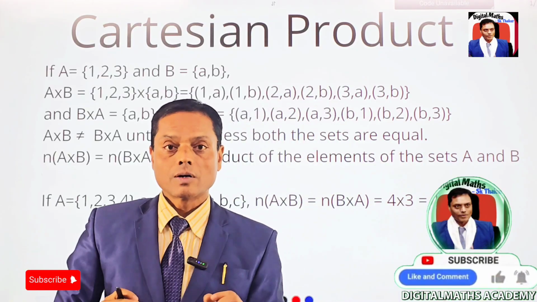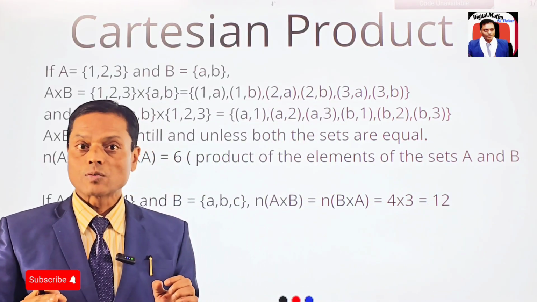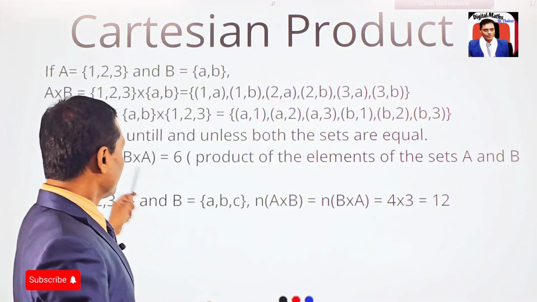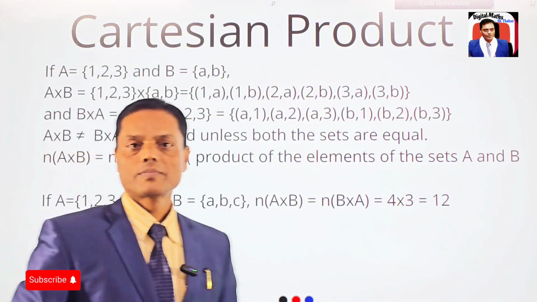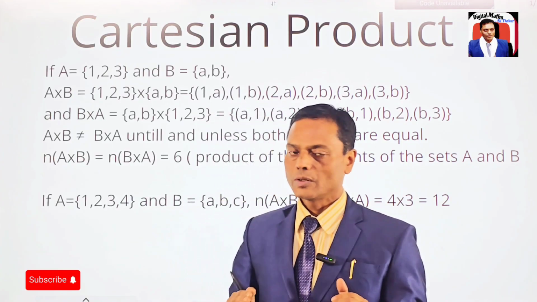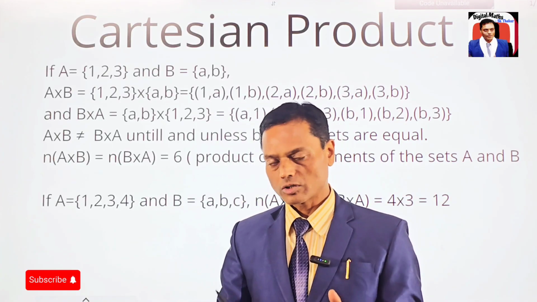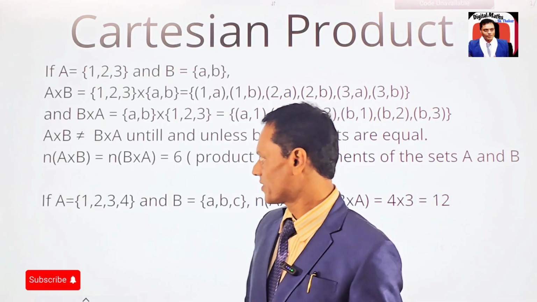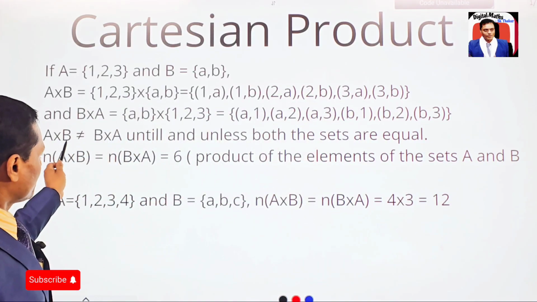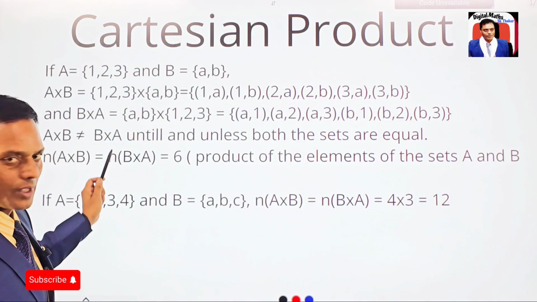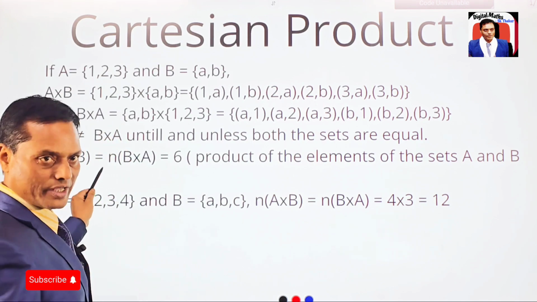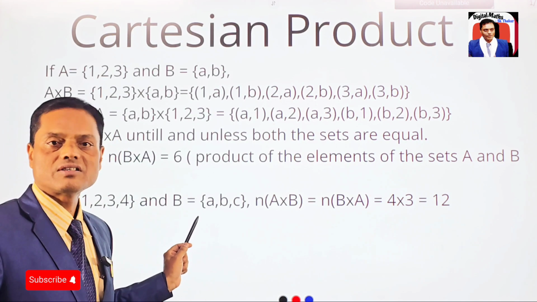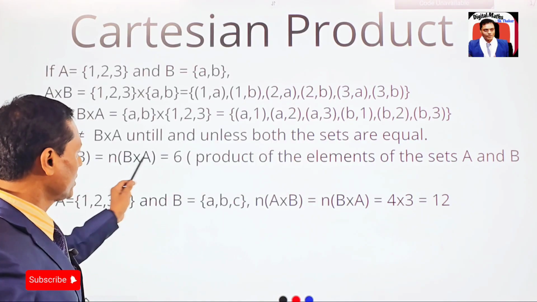But when you count the number of ordered pairs in the Cartesian product of A cross B and that of B cross A, you see the number of ordered pairs in both Cartesian products is equal. Here you can see A cross B is not equal to B cross A, as I have already explained in the previous video. But n(A cross B), the number of ordered pairs in A cross B, is 6.